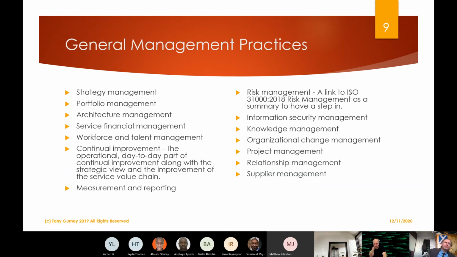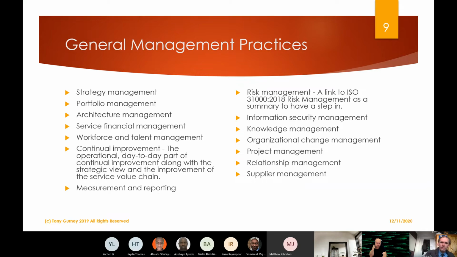Okay, so what we're talking about for management practices. There's a whole pile of them. You could probably come up with them yourself. Those are just some of the big ones, partly chosen because we've spoken about them before. We've spoken about financial risk, so part of what we want to do is financial management.